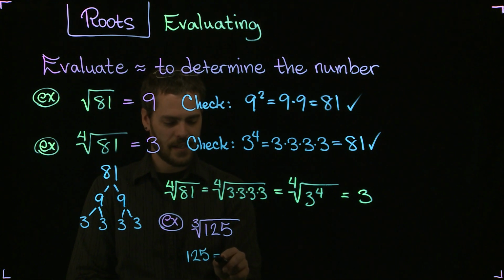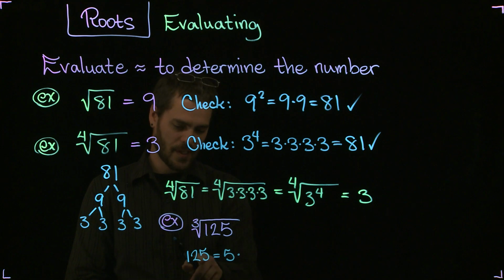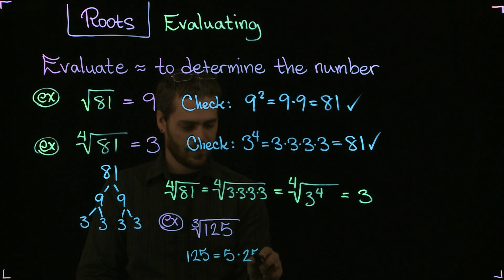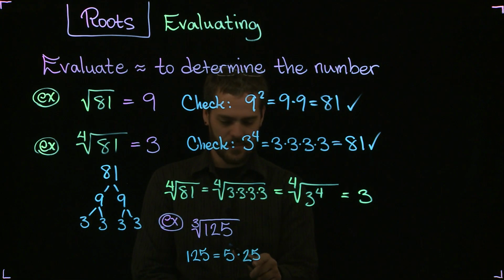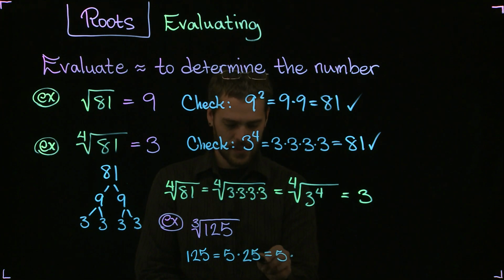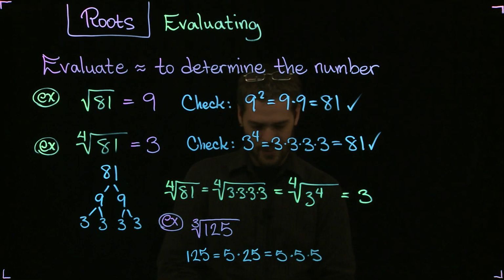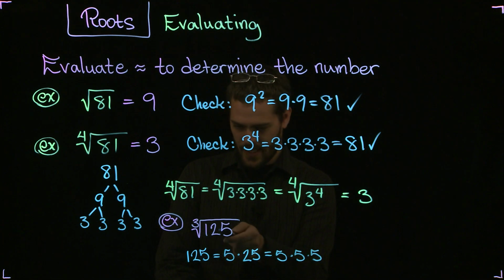I can say that it's at least 5 times something, right? I know that because there's a 5 on the end, and it turns out it's 5 times 25. And then you can say, oh, 25 is 5 times something. So retain that first 5 you had, times, this is 5 times 5. And now we've achieved the prime factorization, prime numbers only, as a product that give us that number in there.